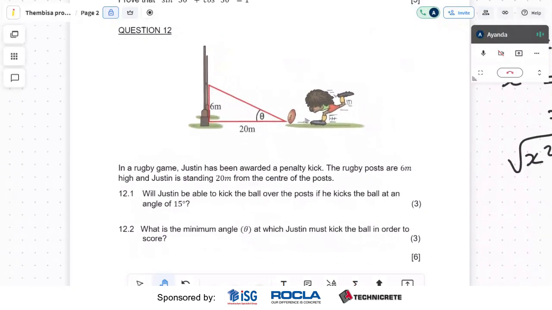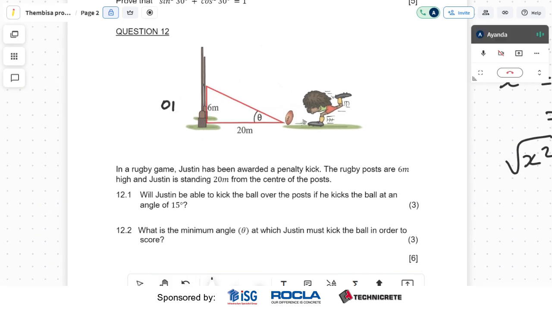Here's the last question. Question 12. In a rugby game, Justin has been awarded a penalty kick. The rugby posts are 6 meters high, so that's our Y. And Justin is standing 20 meters from the center of the posts, so that's our X. And if we have theta here, we know that this is our opposite side.